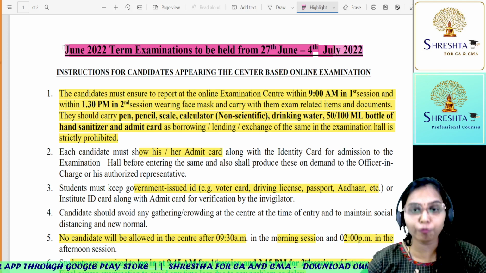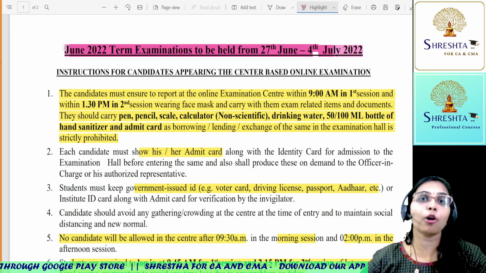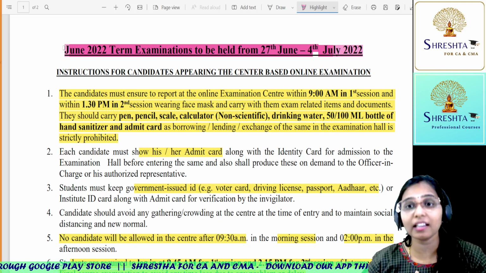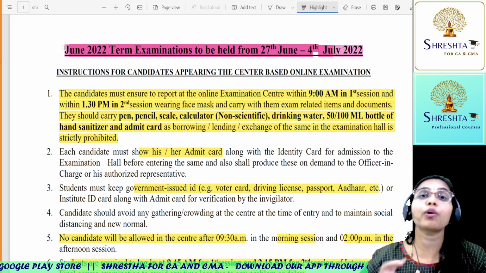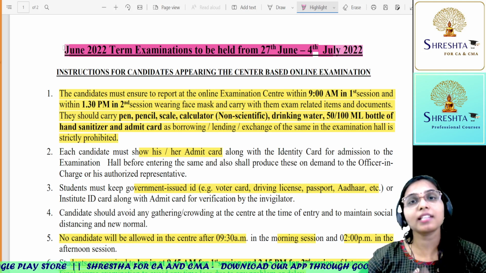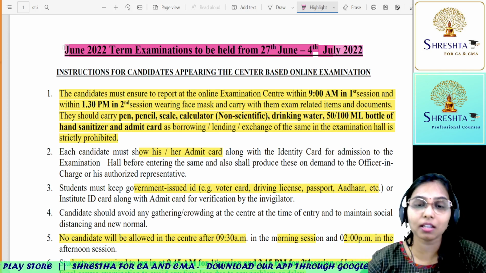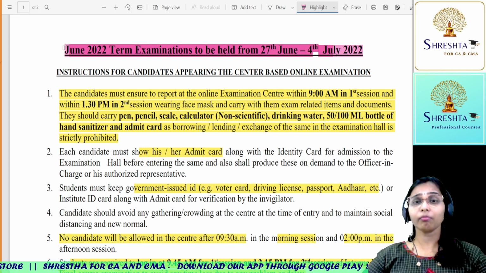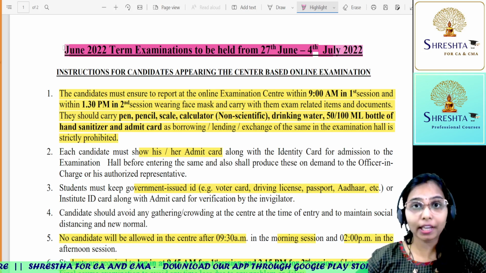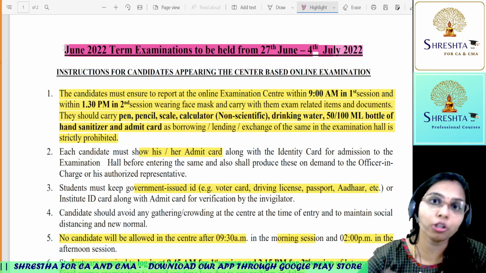These are necessary. You can also take your pencil, pen, scale, and the calculator which is mentioned, not a scientific calculator. You can take a small water bottle, a sanitizer, and a mask, which is necessary. Please make sure you have your own handkerchief. These are some particulars you should take care of.